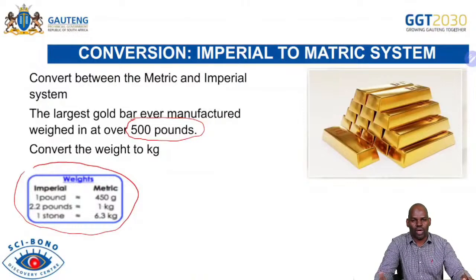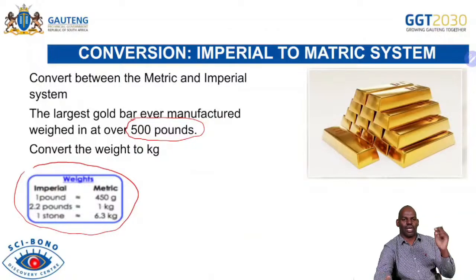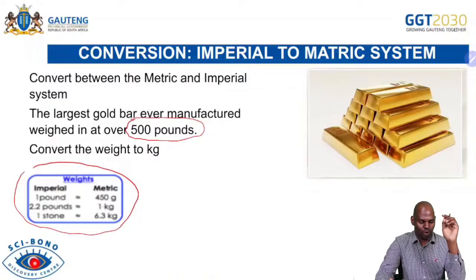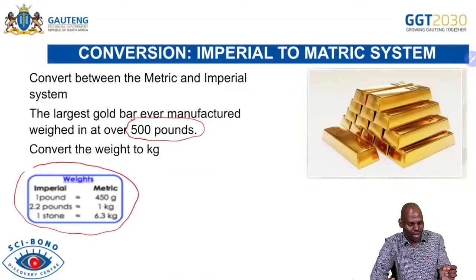But if you take the shorter way and you are sure that that will lead you to the correct answer, why don't you follow the shorter way? So it doesn't matter. What matters is as long as your answer will be correct. So this one, if we take, for instance, 1 pound is equals to 450 grams.